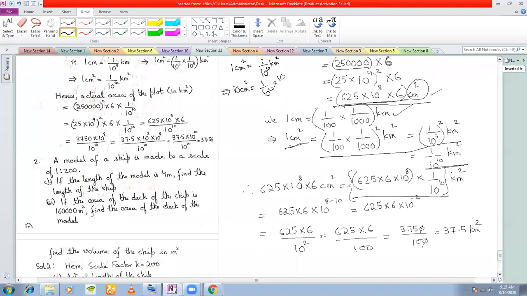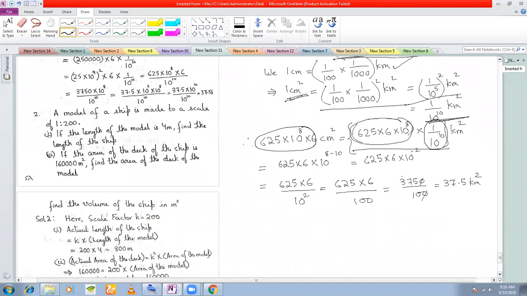If 1 centimeter square is 1 by 10 to the power of 10 kilometer square, then this much centimeter square must be equal to the product of this with 1 by 10 to the power of 10, right or wrong? Right. Fine.